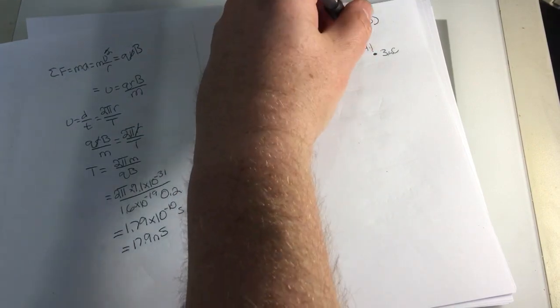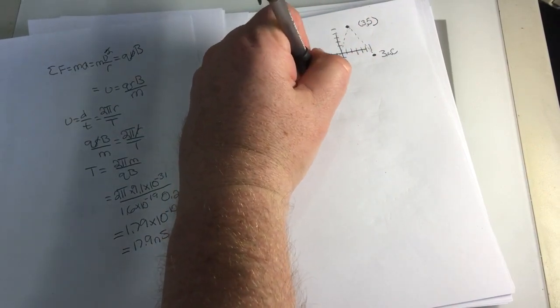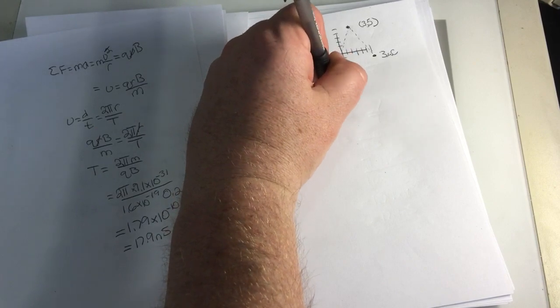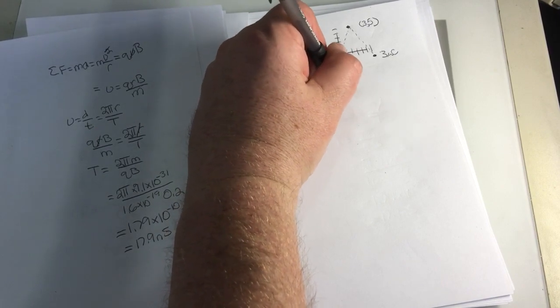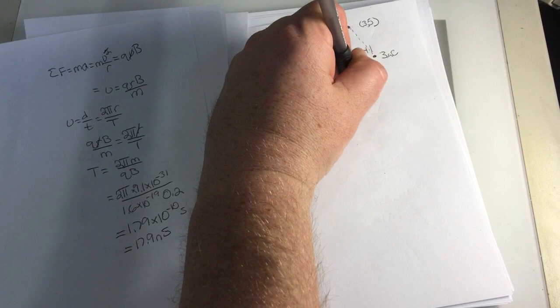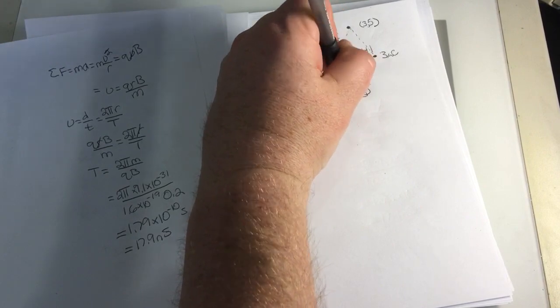First thing you really want to do is find those two distances. And really, that distance is the square root of the change in x squared plus the change in y squared.